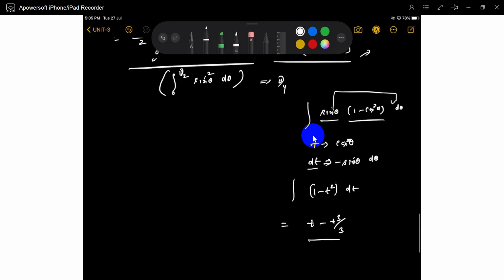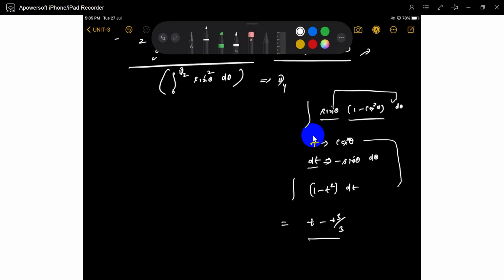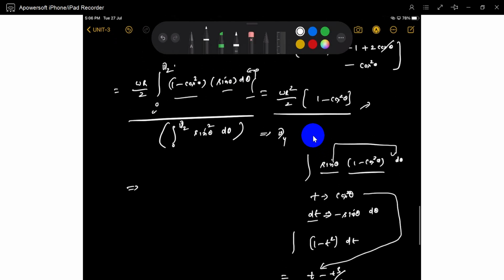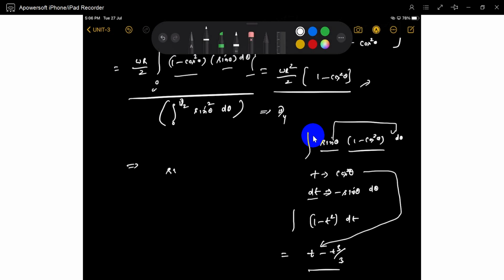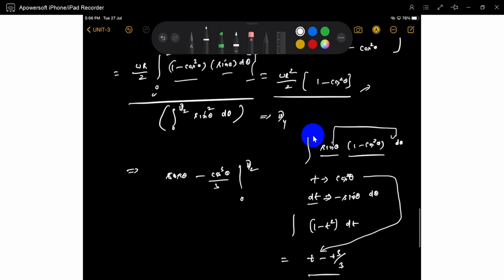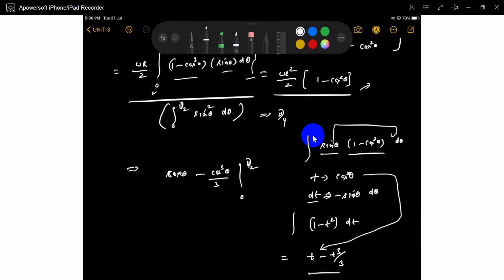So t is cos theta, understood? T is cos theta, so see what the value is: cos theta minus cos cube theta by 3, from 0 to pi by 2.